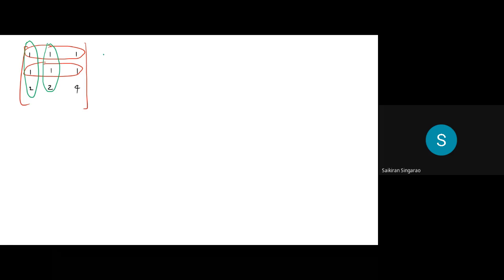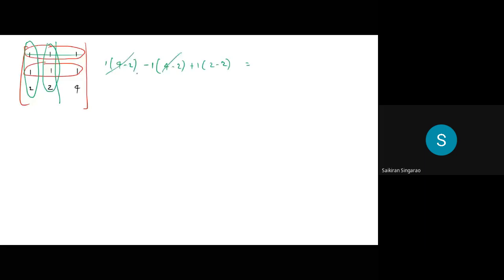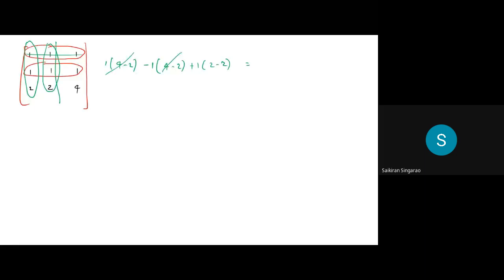See, if I expand it: 1 into (4 minus 2), minus 1 into, removing this row and this column, (4 minus 2), plus 1 into (2 minus 2). What are you going to get, sir? This and this are cancelled, because 4 minus 2 is 2, this is minus 2, this is 0, so it's going to come 0.